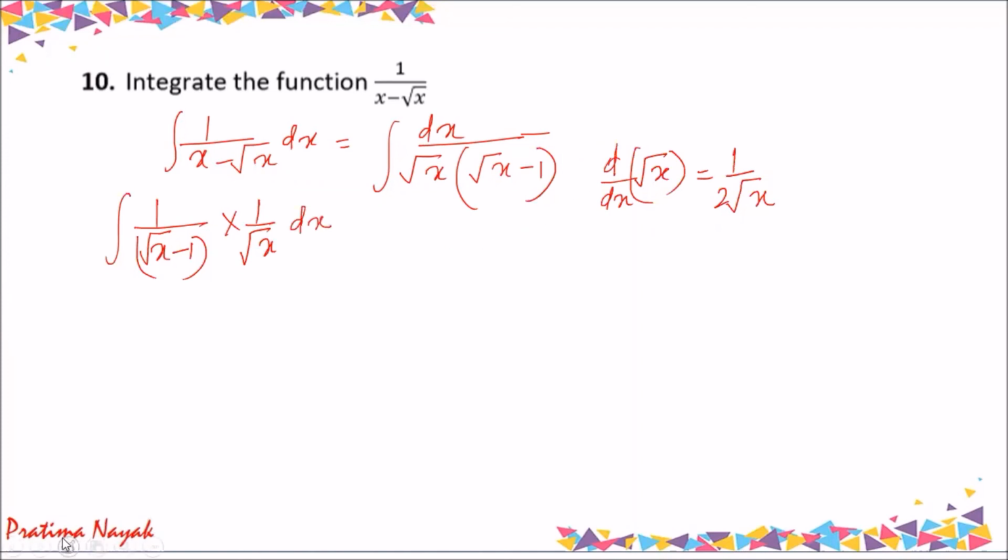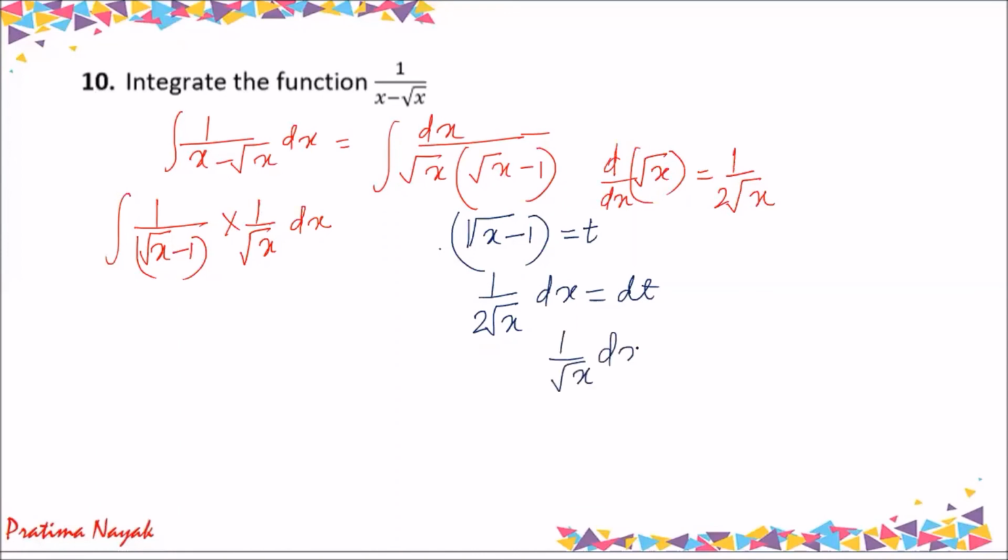So now I'll take root x minus 1 as t. Now take the derivative: 1 by 2 root x into dx is equal to dt. I don't have 1 by 2, I have only 1 by root x. So this will be 2 dt.